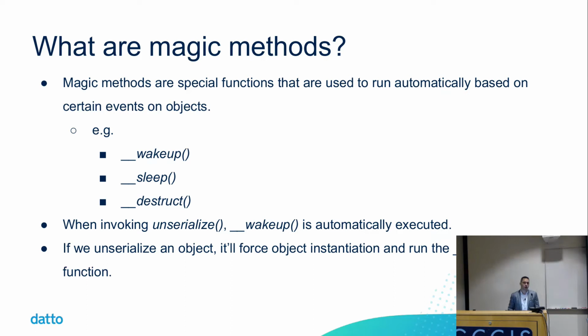What they allow you to do is run something automatically based on certain events on the objects you're creating. Common ones are wakeup, sleep, destruct, construct, and a bunch of other ones. I think there's at least 16 in the PHP world. They're very, very important because you don't have to call them explicitly.